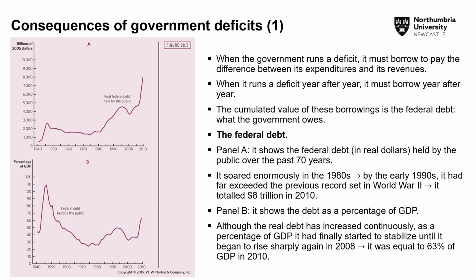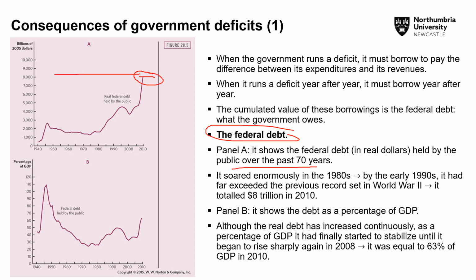And if it runs a deficit year after year, it has to borrow year after year. And the problem is that this accumulates debt, and this debt has to be paid off. So we have federal debt rising. And what we see is that the federal debt held in real dollars by the public over the last 70 years was at its highest in 2010.